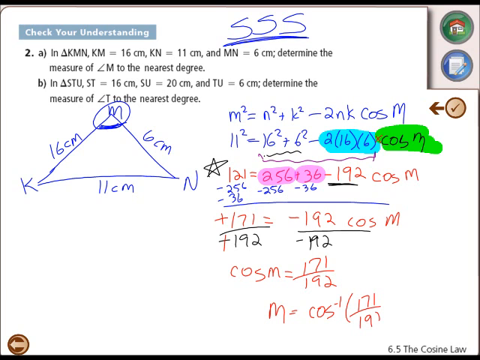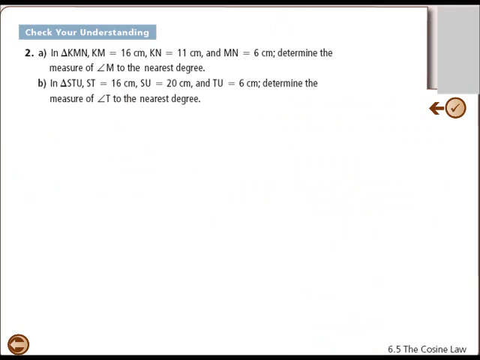Punch that into your calculator. And we've got 27.0481 dot dot dot, or approximately M is equal to 27 degrees to the nearest degree.